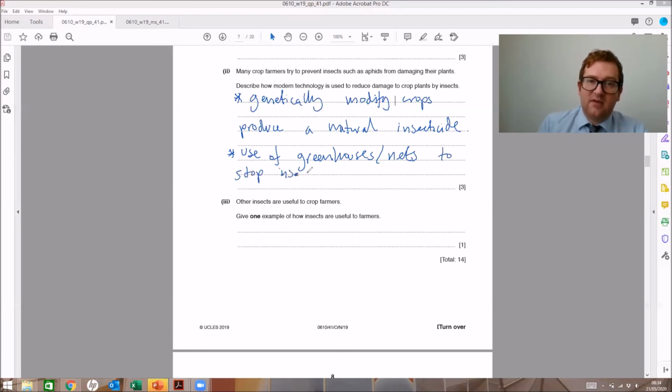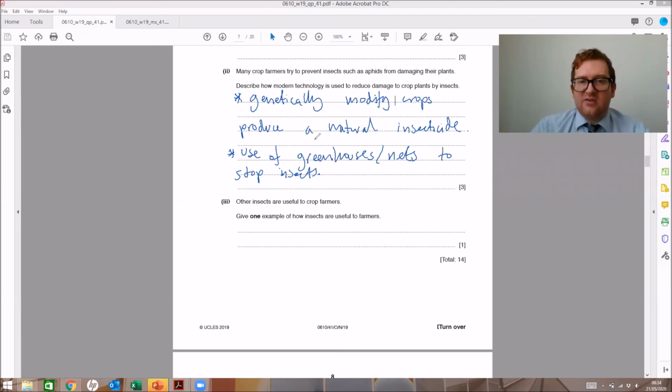Now it said technology. So here the biological control is not a form of technology. We're talking about something that's man-made or man-done.